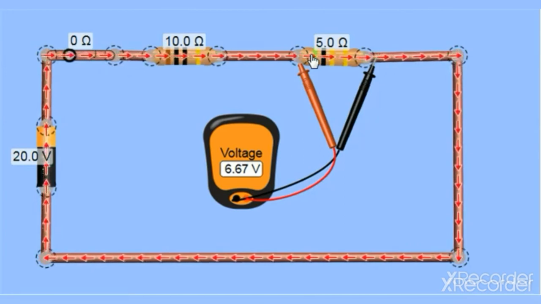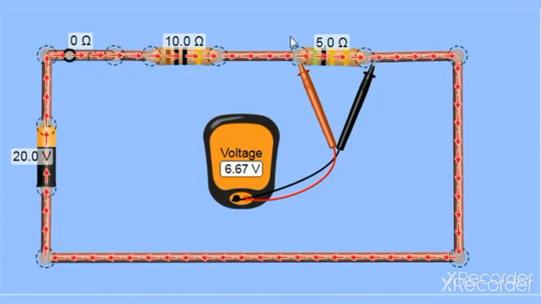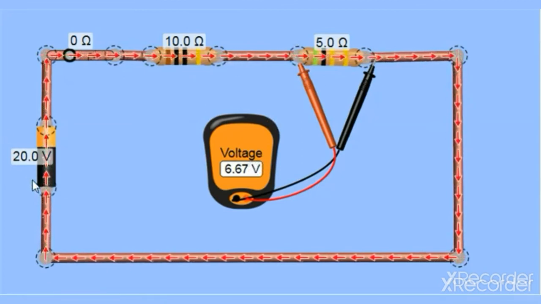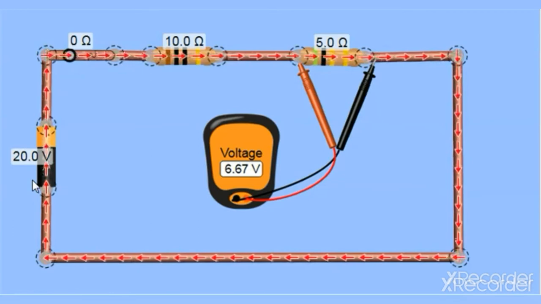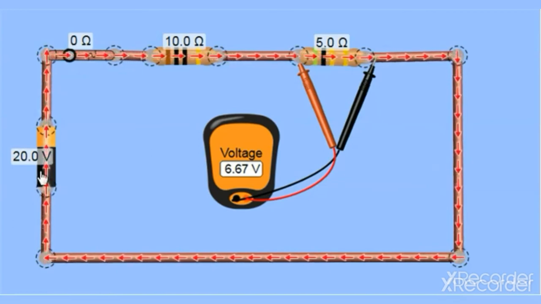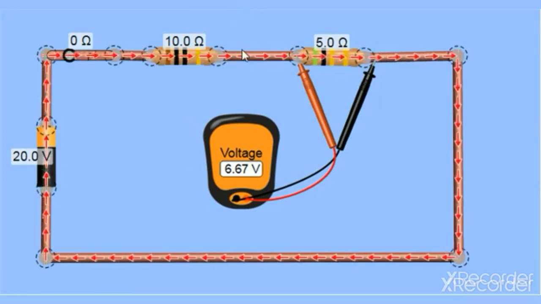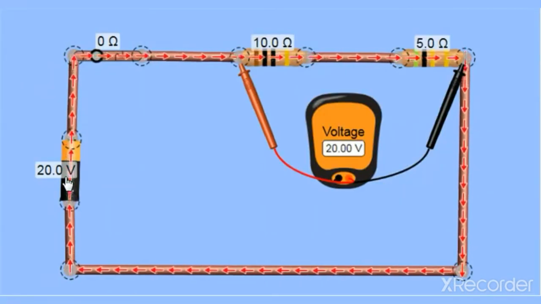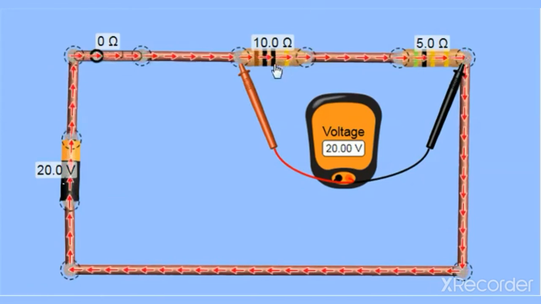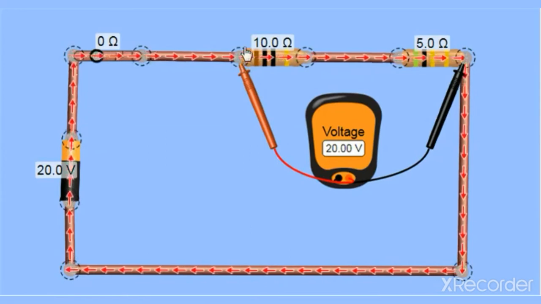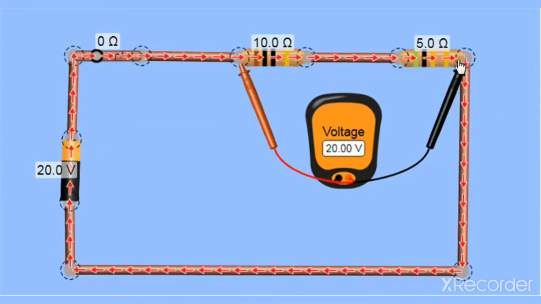The voltage drop across the resistances R1 and R2 is 20 volt, and the applied input voltage, which is the voltage rise, is again 20 volt. So Kirchhoff's law is proved: summation of voltage rise is equal to summation of voltage drop. Here the voltage rise, or voltage supplied to the circuit, is 20 volt. For the summation of voltage drop, the first probe is connected to the first resistance and the second probe to the end of the second resistance.